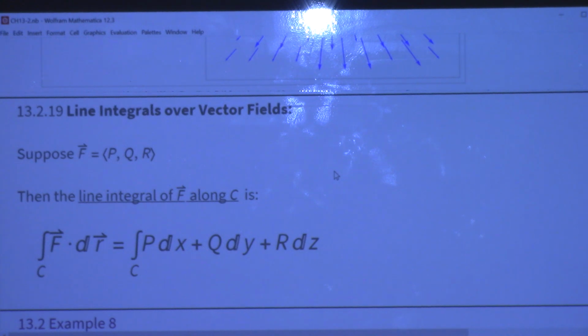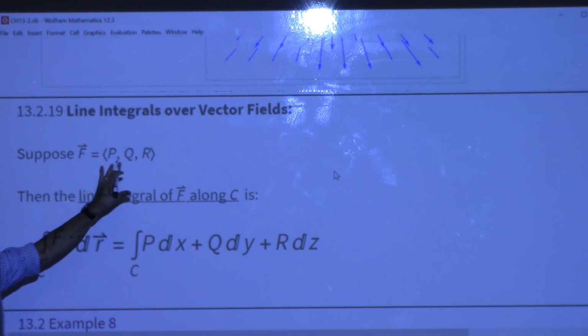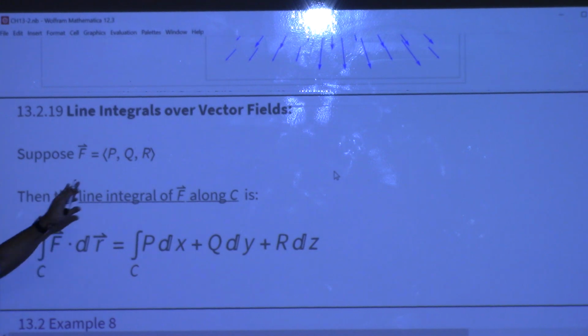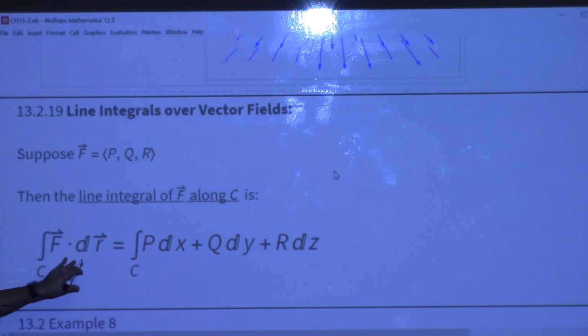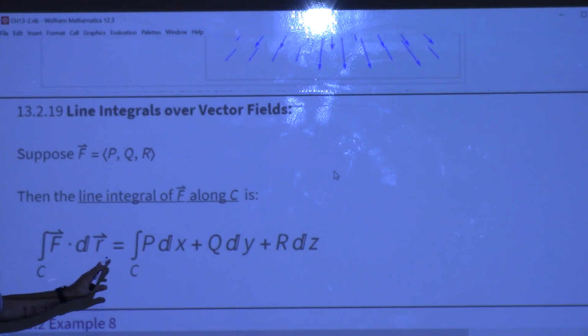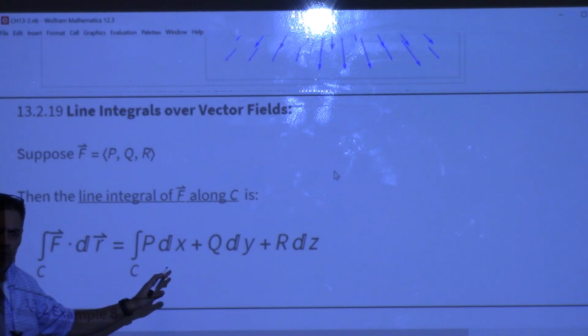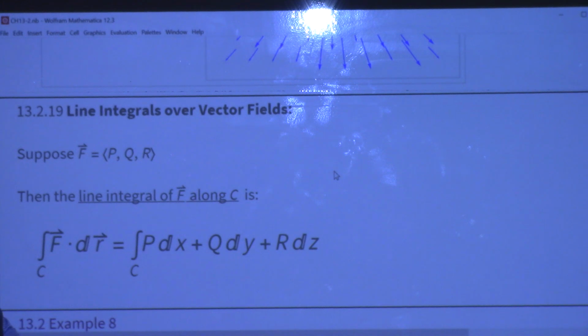So this is actually going to be very useful notation for moving on to the next part of this chapter. Remember, if we're given a vector field, that vector field can either have 2 or 3 components, right? Now, if that field has 3 components, then we can rewrite this integral as this. This was back before we were doing line integrals over vector fields. We were just doing line integrals over scalar functions.